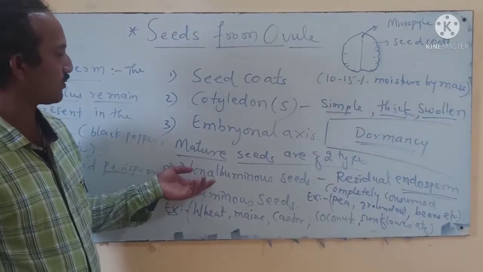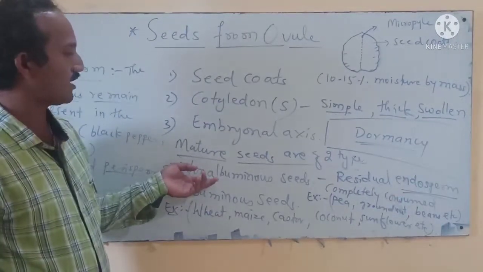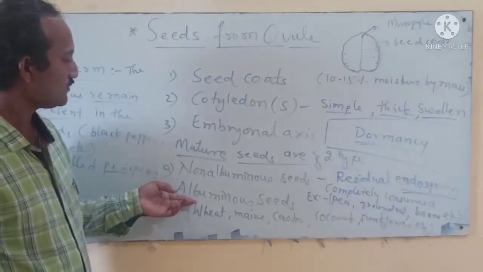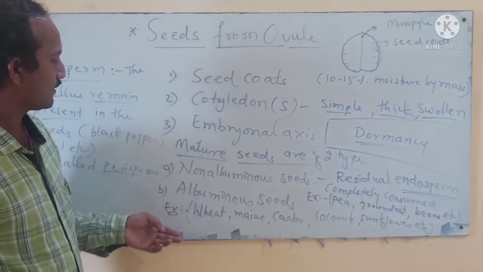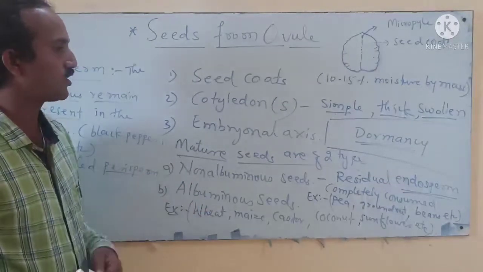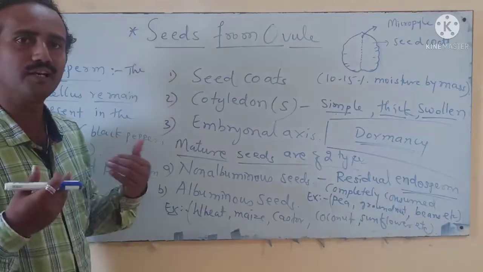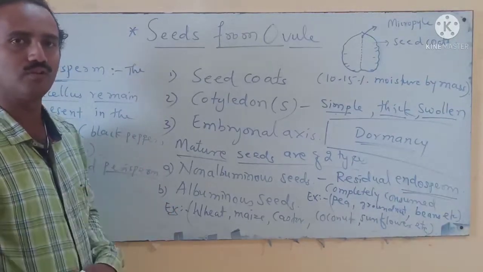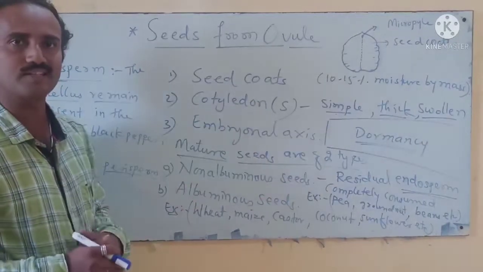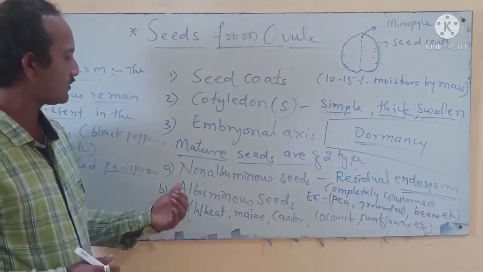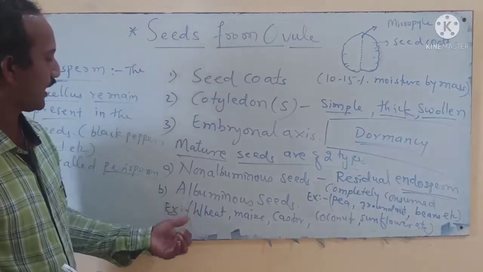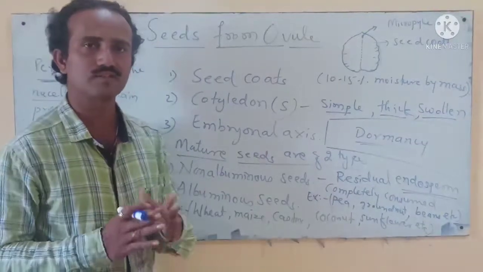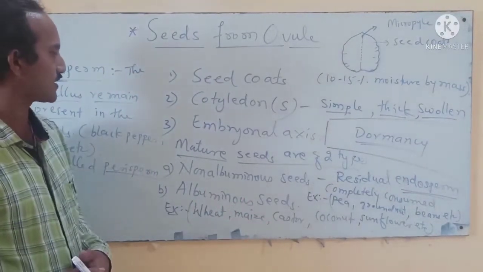Then albuminous seeds are those where the residual endosperm is not completely consumed, and a little amount is retained in them. Examples are wheat, maize, castor, coconut, and sunflower.